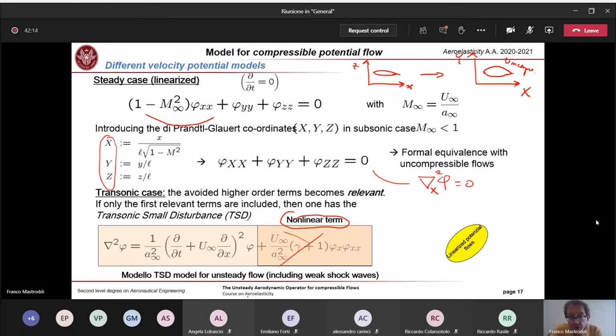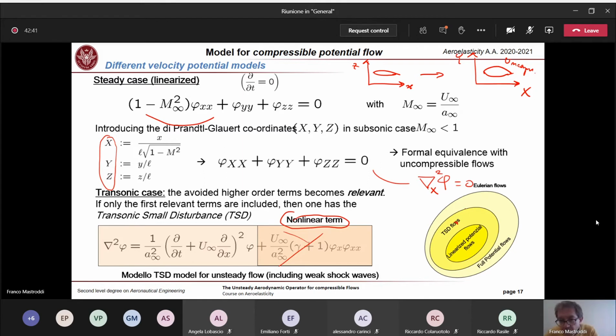So we have a variety of possible models for compressible flow description. The first level of this description is the linearized potential flow. So we can have the transonic small disturbance flows, excuse me for this. And then we have the potential flow.